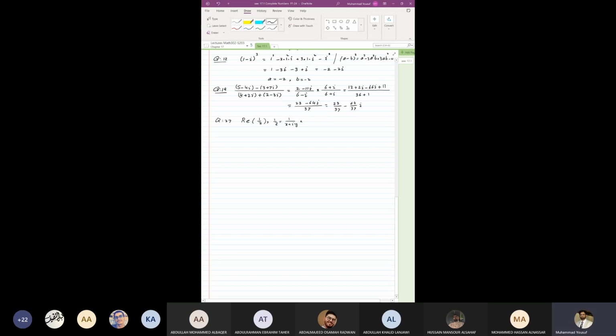So 1 over z equals 1 over x plus iy, and whenever we have a complex number with i in the denominator, we multiply by the conjugate. So this is equal to x minus iy over x square plus y square, which we can write as x over x square plus y square minus i y over x square plus y square.